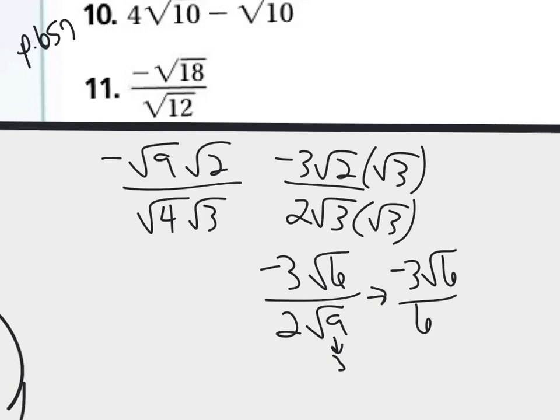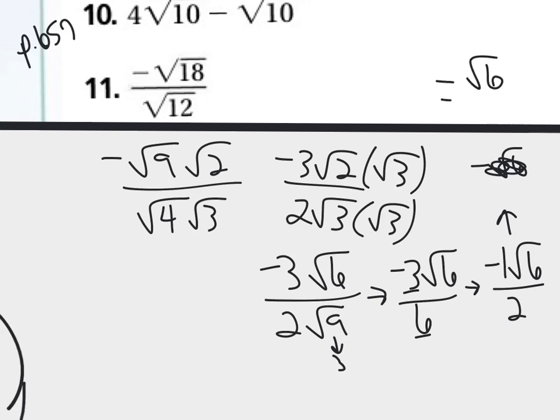And then you can actually at that point reduce with the 3 and the 6. So if you reduce both of those by 3, it'd be -1 square root of 6 over 2, or just negative square root of 6 over 2.